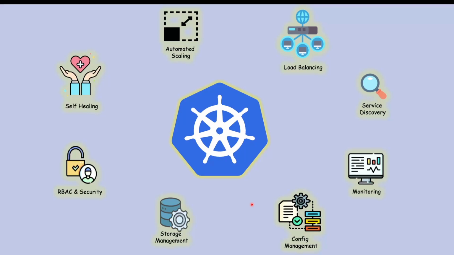Then self-healing capabilities. If any containers or workloads running on your cluster fail, Kubernetes replaces them, and kills those containers that don't respond to your user-defined health checks, and doesn't advertise them to clients until they are ready to serve. There are many more capabilities available, and I would suggest you go through the documentation of Kubernetes.